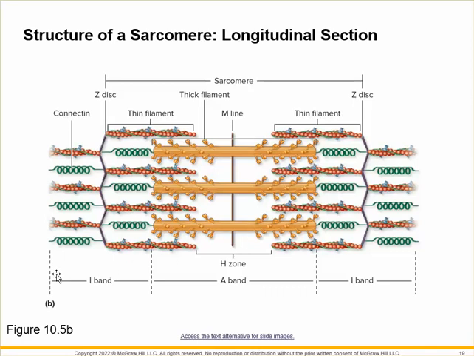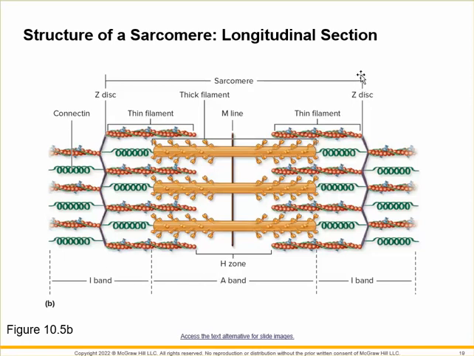Now, over here, with the Z disc in the middle, we have an area that goes thin filament, space, thin filament, space, thin filament, space. So this is a light colored space. And we call this the I band because it's between the A bands.